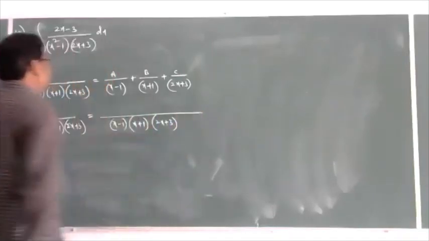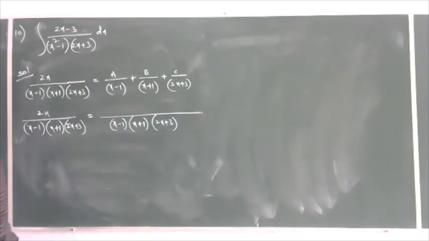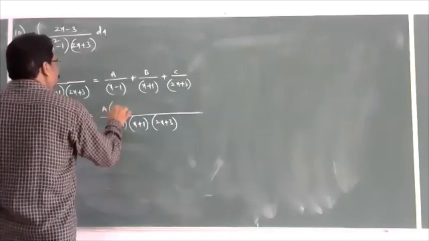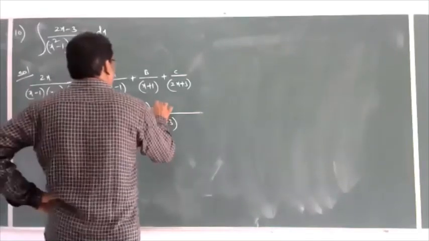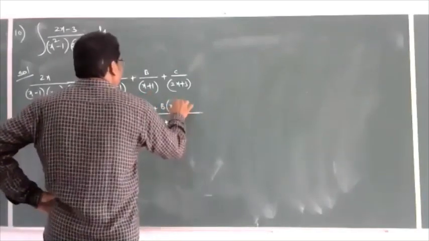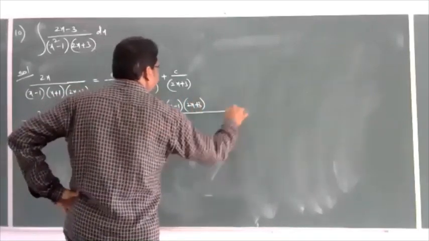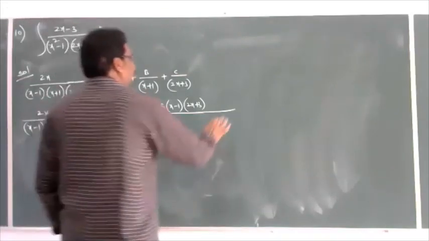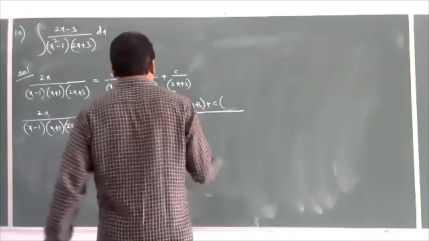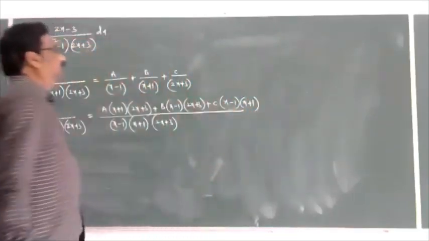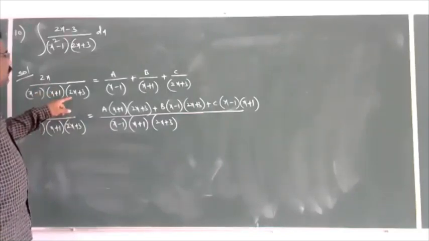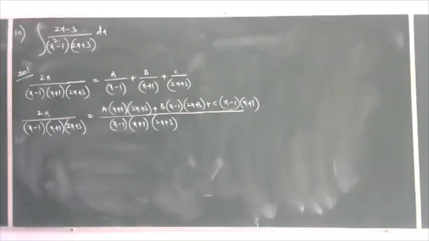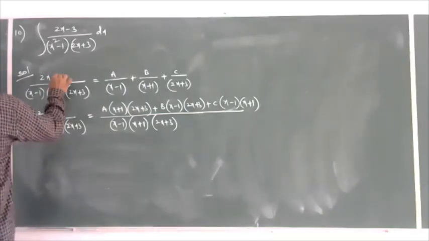Here x minus 1 cancels: a into x plus 1 into 2x plus 3, plus b into, x plus 1 cancels, that is x minus 1 into 2x plus 3, plus c into, 2x plus 3 cancels, that is x minus 1 into x plus 1.